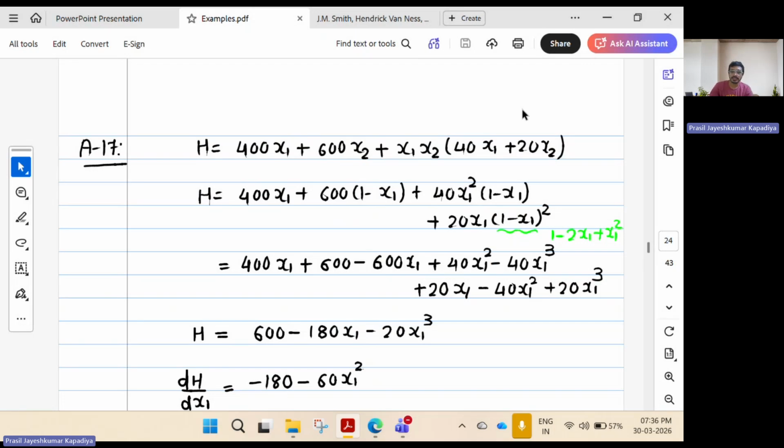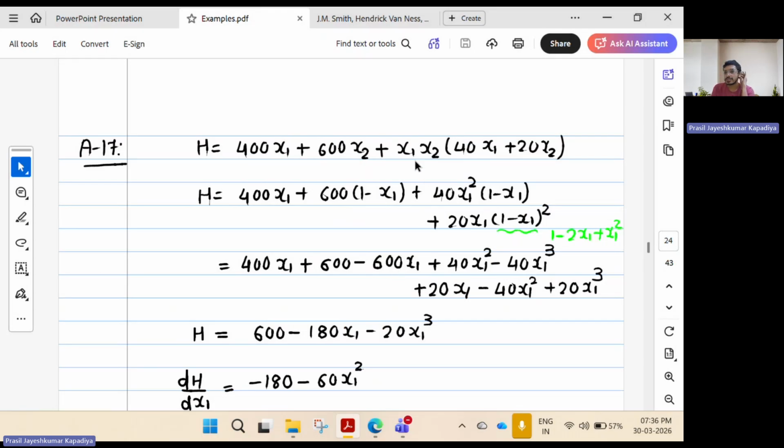So we have this equation, H is equal to 400 times x1 plus 600 times x2 plus x1 x2 into (40 x1 plus 20 x2). Now I will replace x2 with 1 minus x1 everywhere. So this is 400 x1, this is 600 into (1 minus x1), so 600 minus 600 x1.